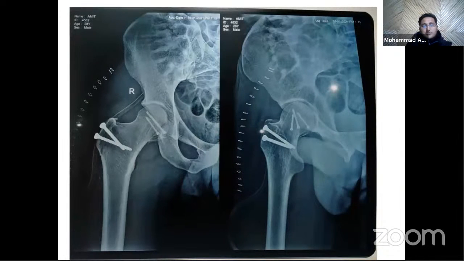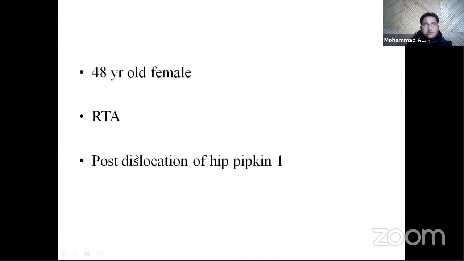And these are the post-op X-rays of the patient who had a posterior dislocation with Pipkin 1, wherein we put 3 headless screws in the femoral head, and we used 2 4.5 mm cortical screws for fixing the trochanteric osteotomy, aimed at the lesser trochanter.